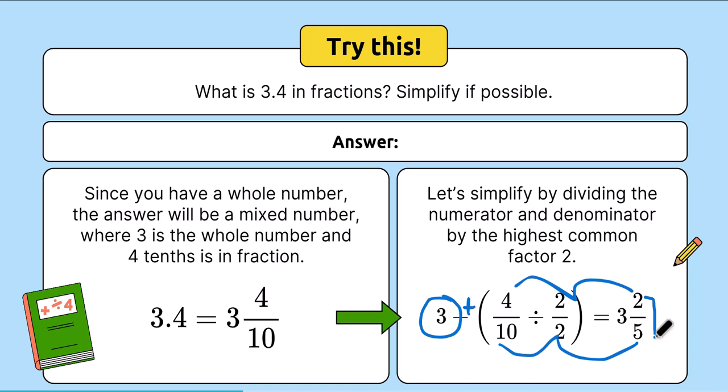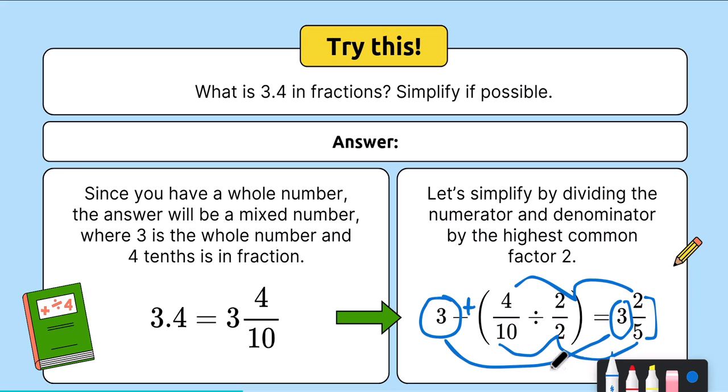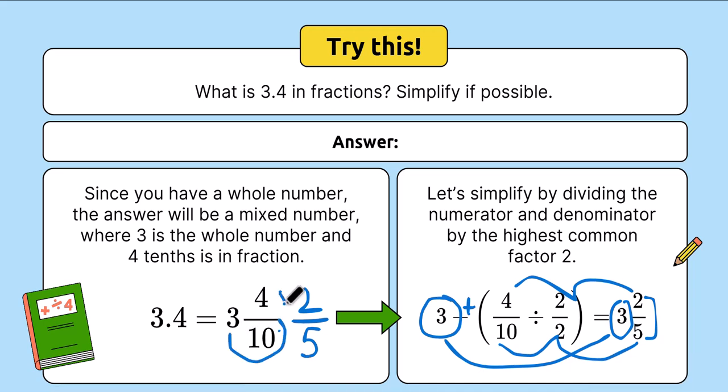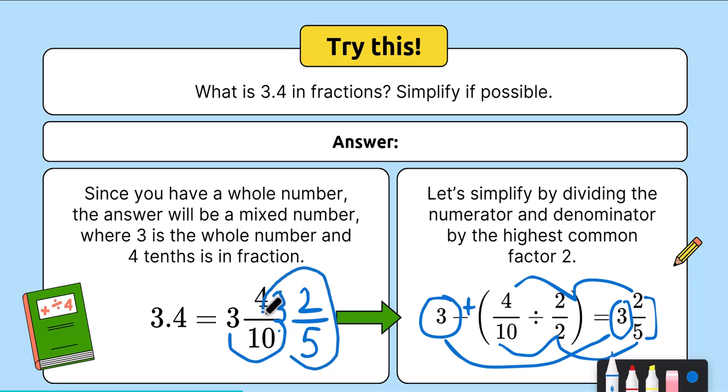So your fractional value will be 2 upon 5, and the 3 is the whole, so you will write it as it was written earlier. So now 4 upon 10 will be simplified to 2 upon 5, and your whole number will remain the same. So the simplified value will be 3 whole 2 upon 5.